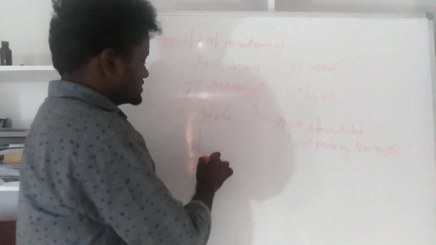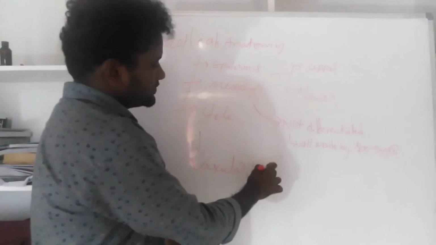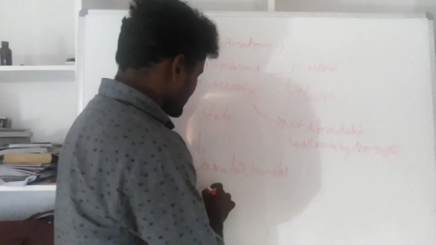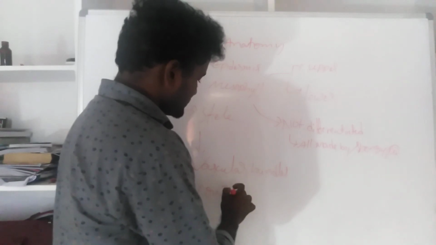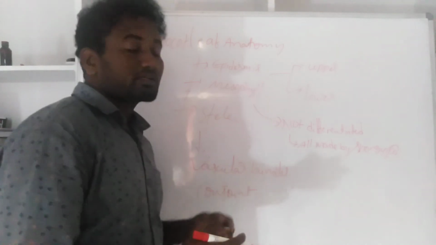The vascular bundles are conjoint type, and the bundle sheath is not a distinct covering layer.